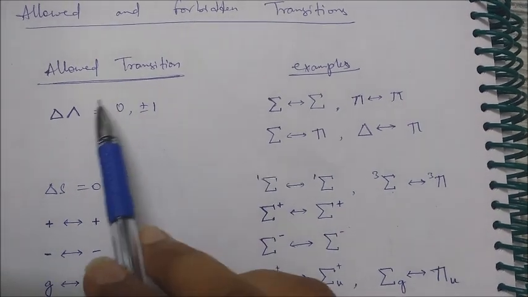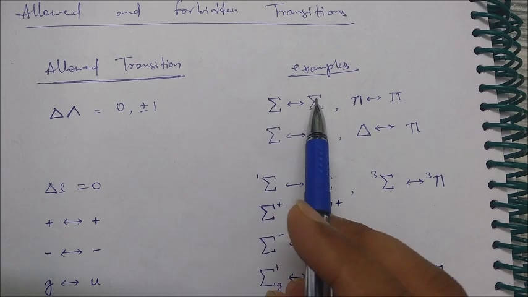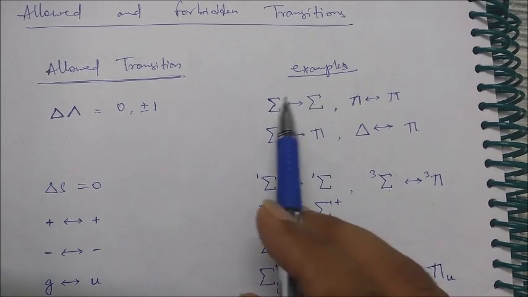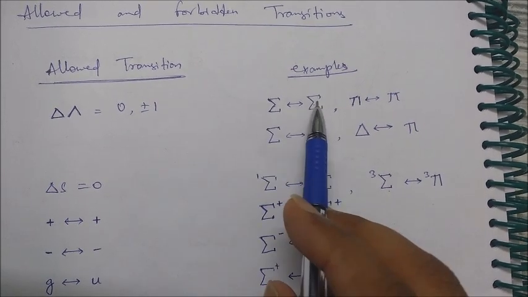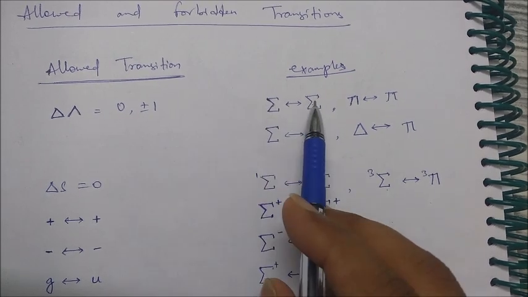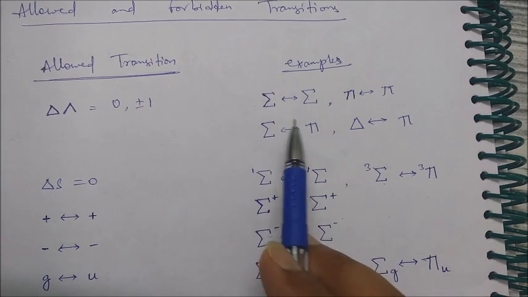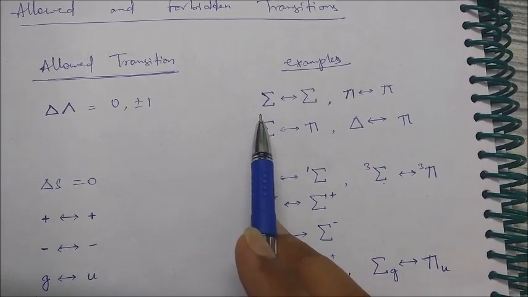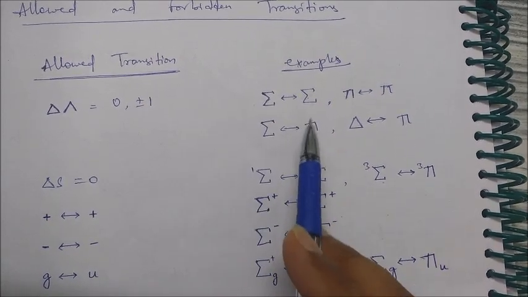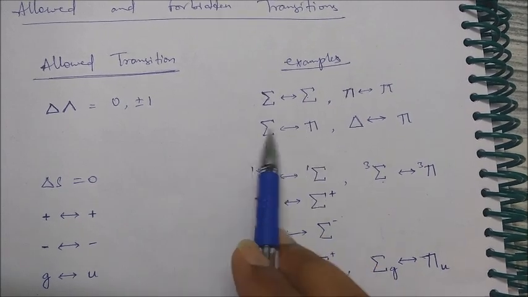It means the transition is taking place from a spectroscopic term to a different spectroscopic term, and if both of them are the same, meaning the change is 0, then that is allowed. And if there is a change of 1, like for L equal to 0 we have sigma, and for L equal to 1 we have pi, so moving from 0 to 1 is also allowed.